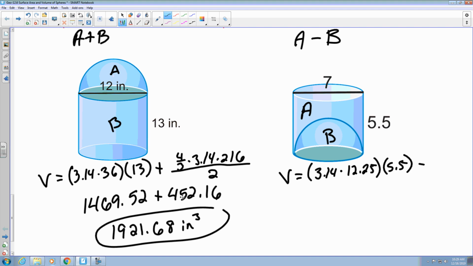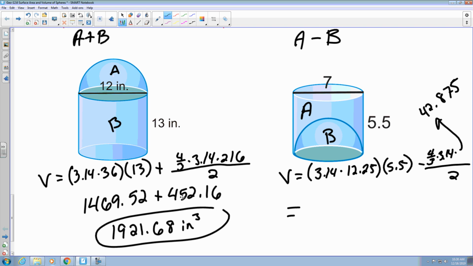This gets subtracted by 4/3 times 3.14 times 3.5 to the third power. This value here is 42.875. Kind of ran out of room. But again, this is half a sphere, so whatever this result is gets divided by 2.